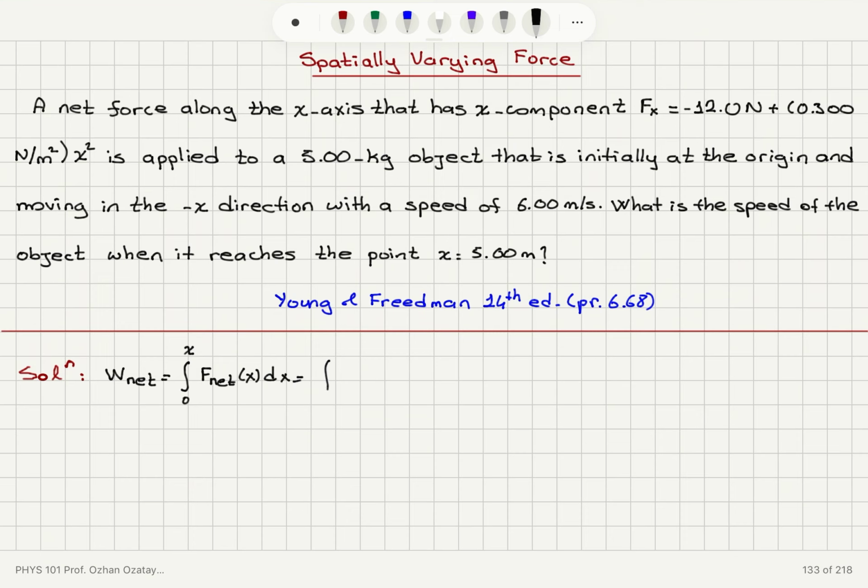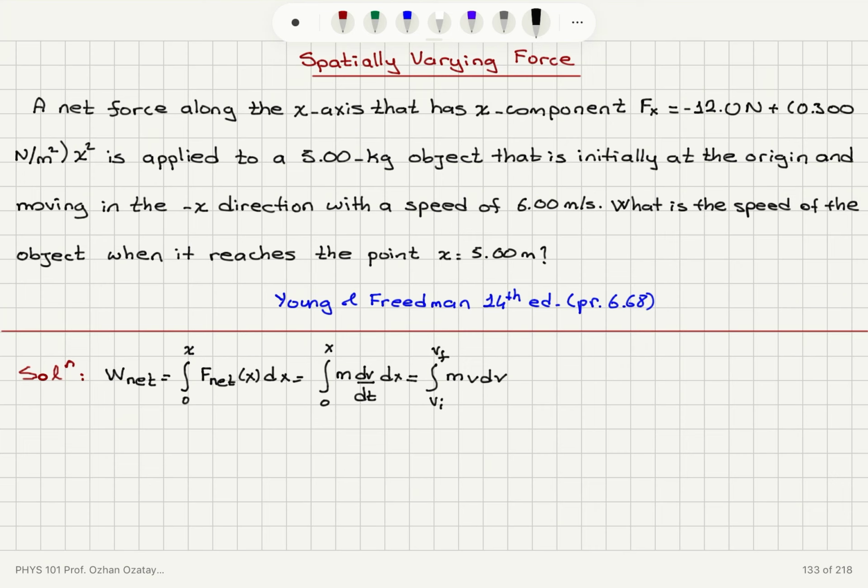This is the integral of m dv/dt, mass times acceleration, dx, which is the integral from initial velocity to final velocity of m v dv, because dx/dt is v.